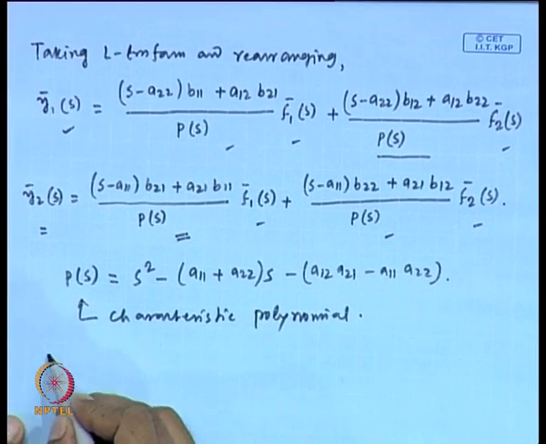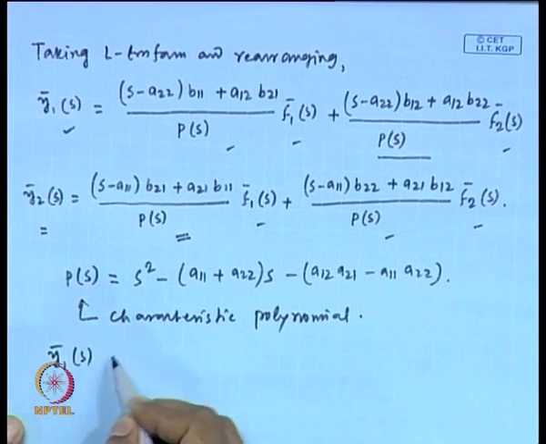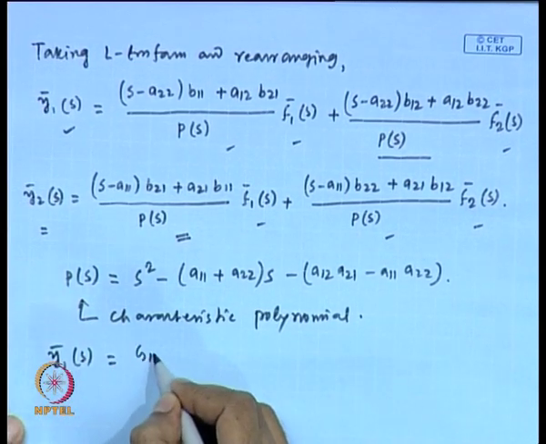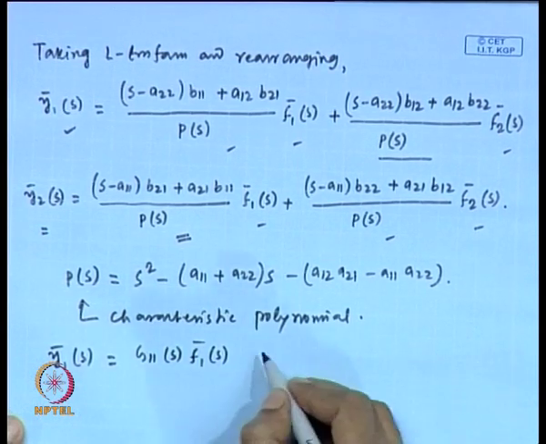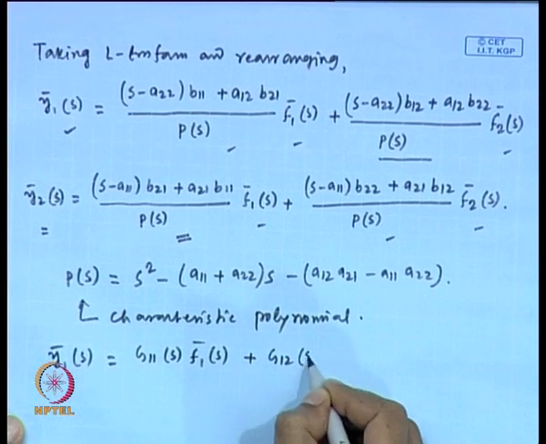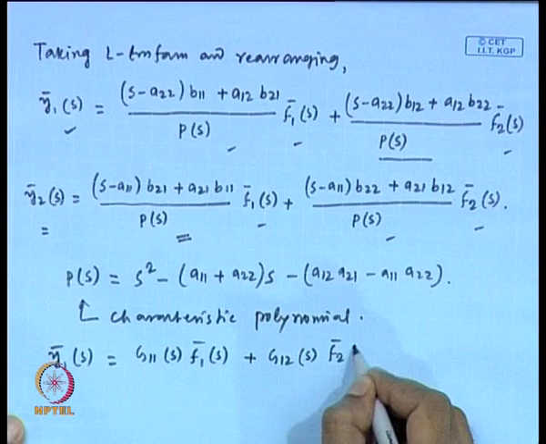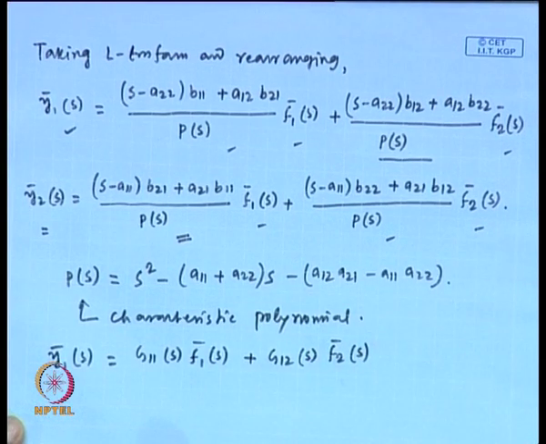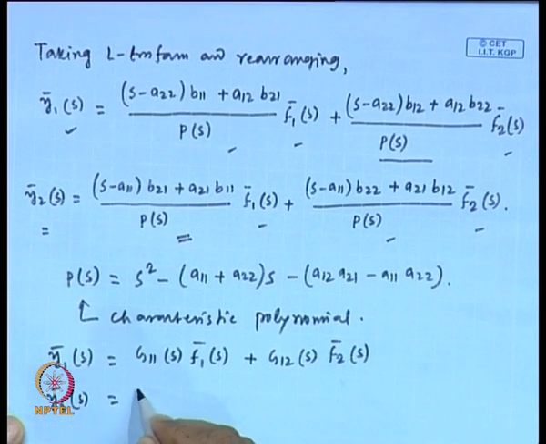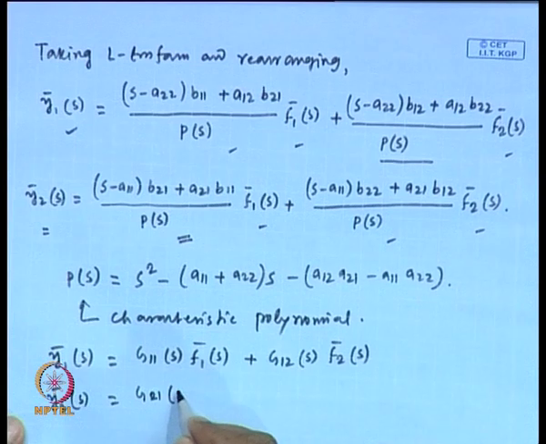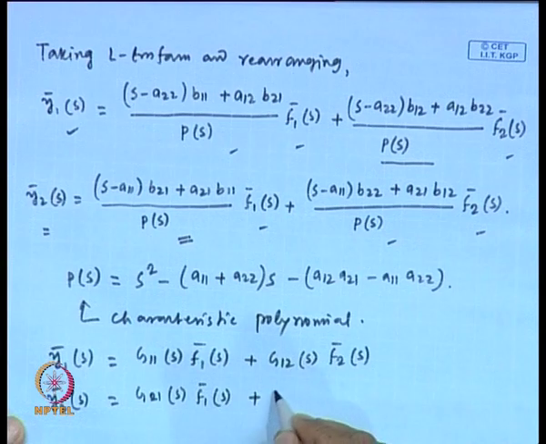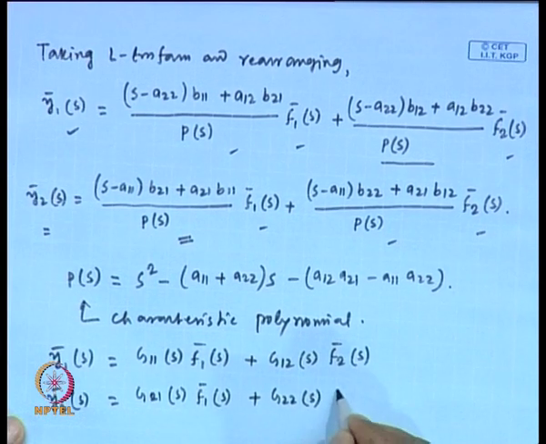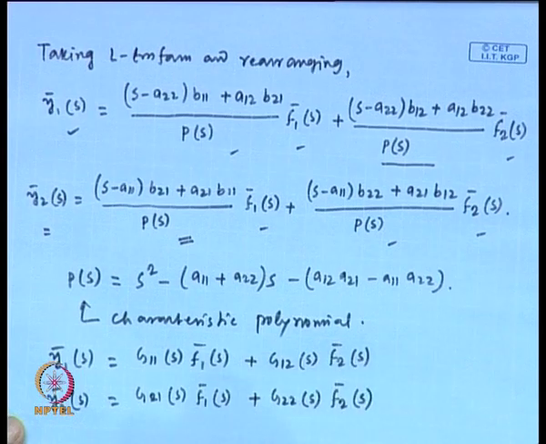So, we can write y1 bar s equal to g11 s f1 bar s plus g12 s f2 bar s. Similarly, y2 bar s equal to g21 s f1 bar s plus g22 s f2 bar s.